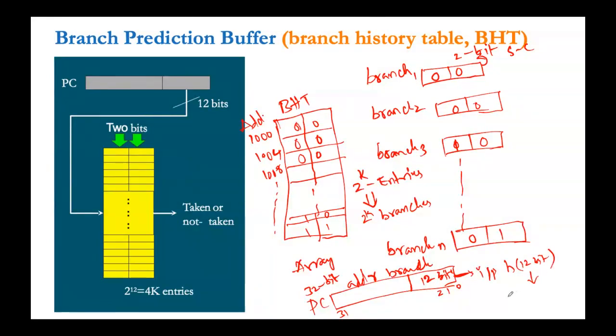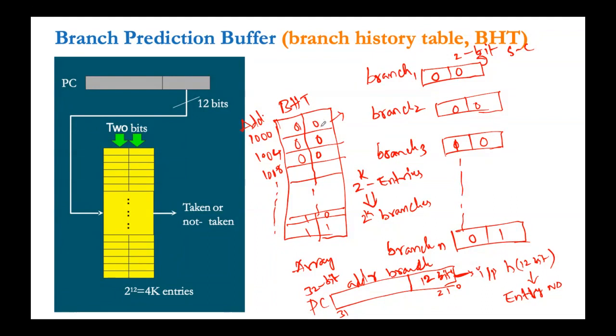That hash function generates an identifying value, which we call the entry number, or the address. Based on that address, whatever content is in that entry tells us whether that branch is taken or not.